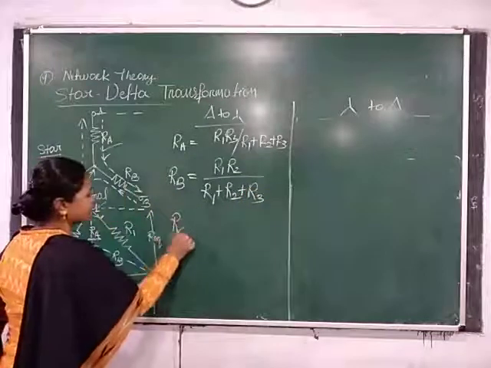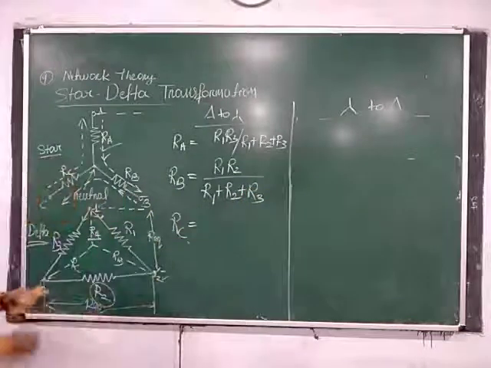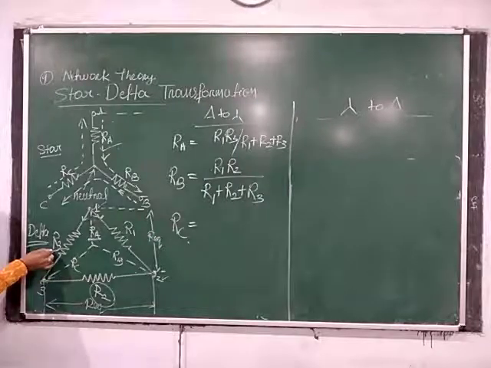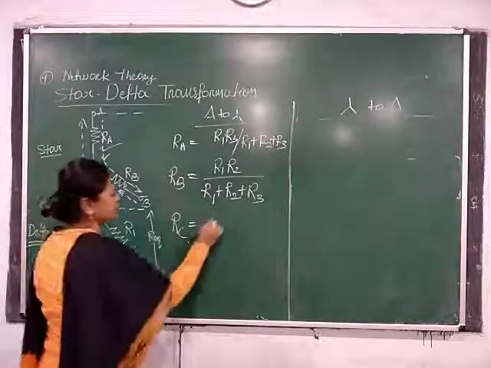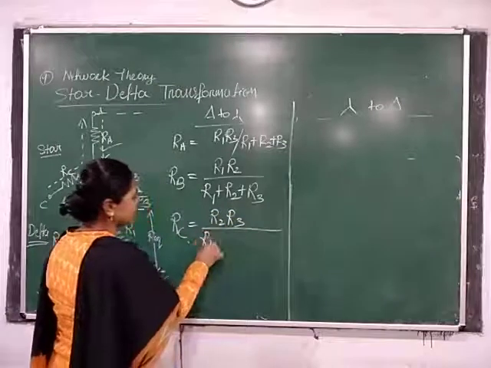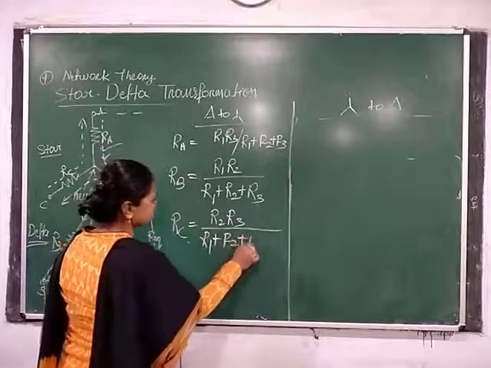Similarly RC, this one is connected in between R2 and R3 delta resistances. So their product R2 R3 divided by R1 plus R2 plus R3.